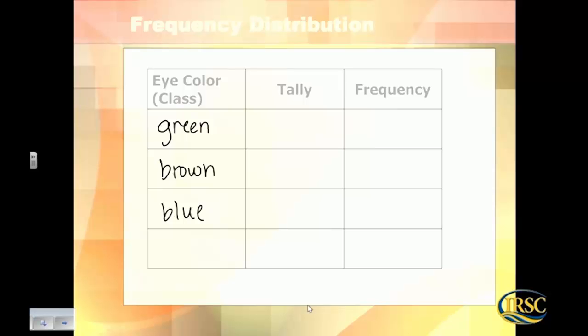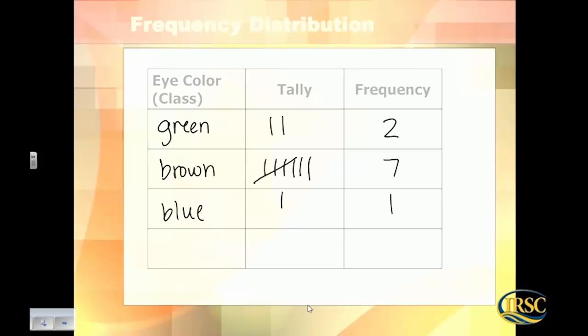Okay, but as I go down the list, I had 2 green. I had 1, 2, 3, 4, 5, 6, 7 brown. And then 1 blue. So our frequencies would be 2, 7, and 1.